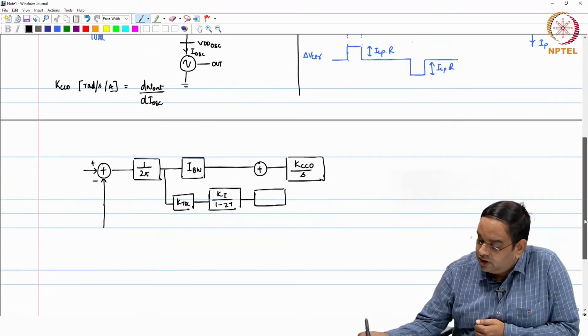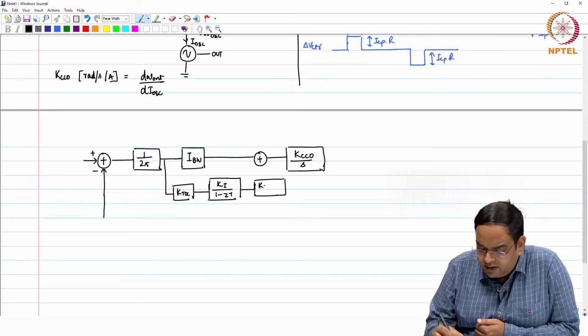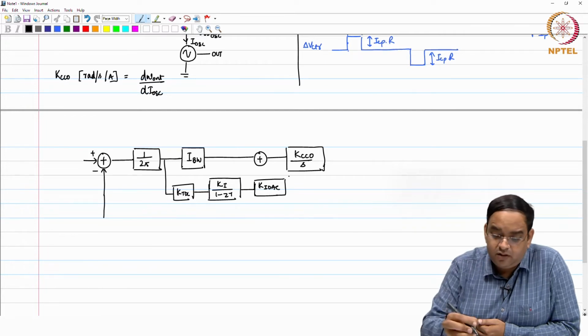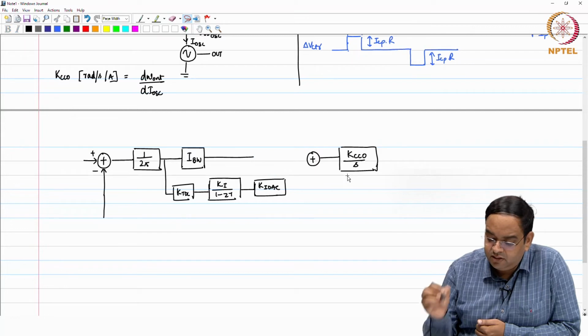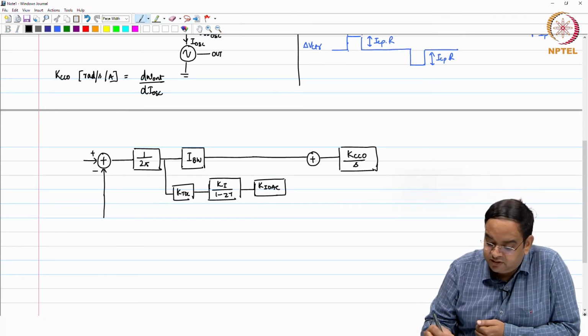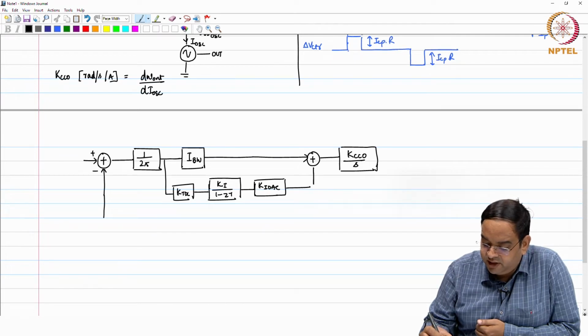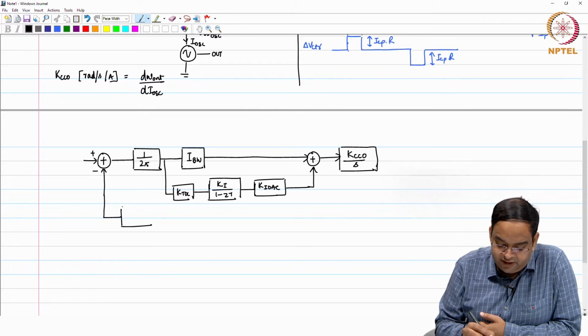So, I will write that as your K IDAC, and all these things actually add up at the VCO CCO's input. Okay, so this comes here and this comes here, and this is your output. Here you have divide by N.